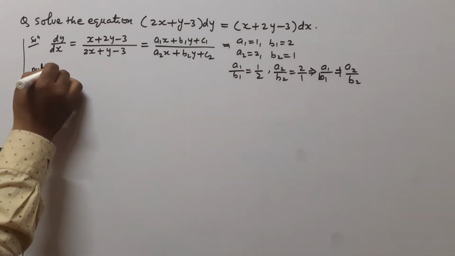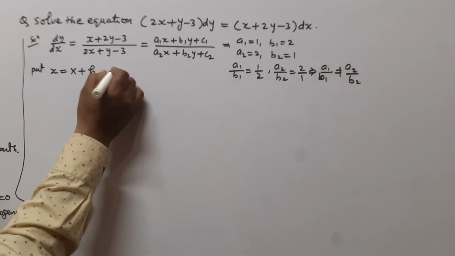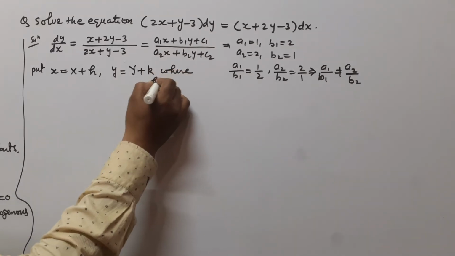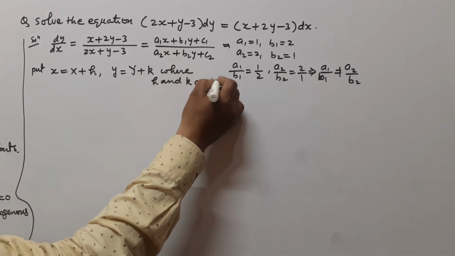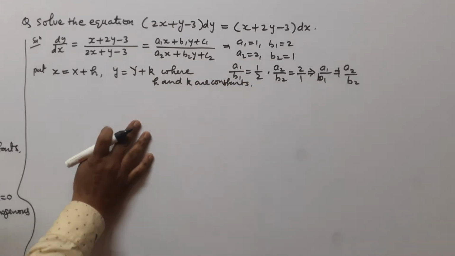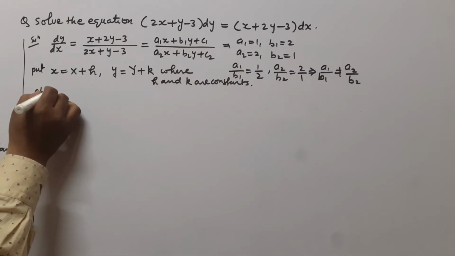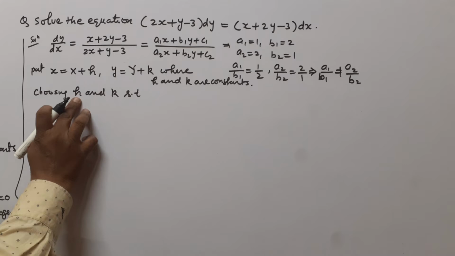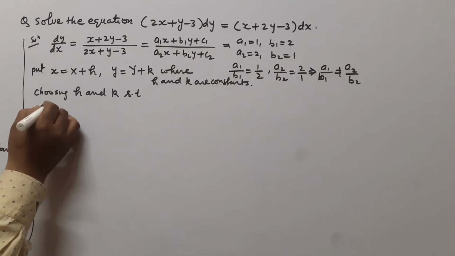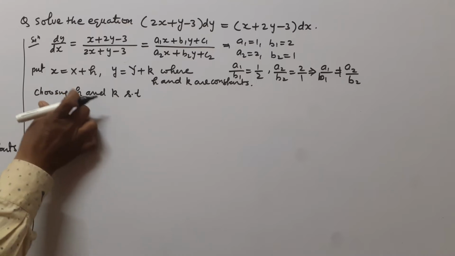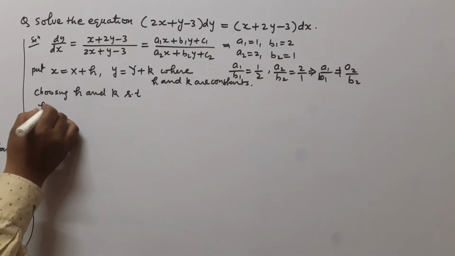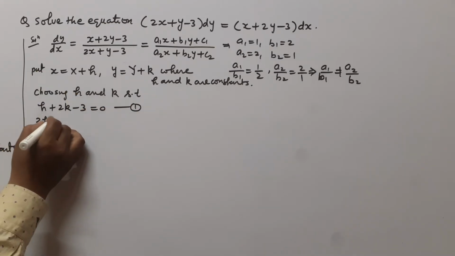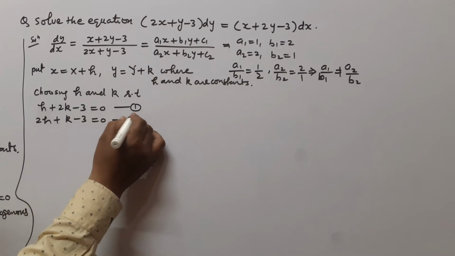So put small x equal to capital X plus h, and small y equal to capital Y plus k, where h and k are constants. Now choose h and k such that h plus 2k minus 3 equal to 0 and 2h plus k minus 3 equal to 0.